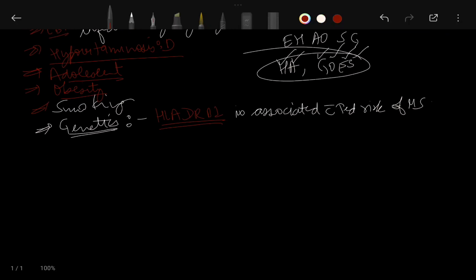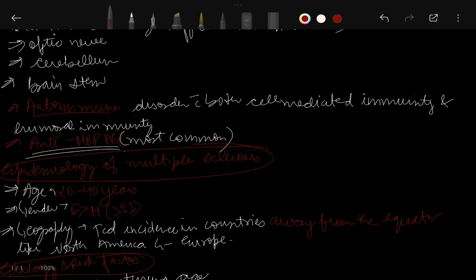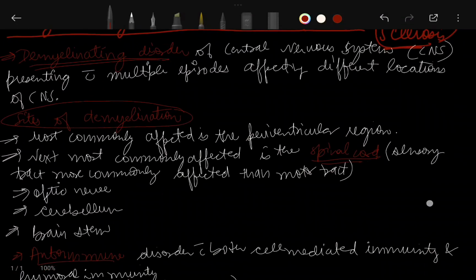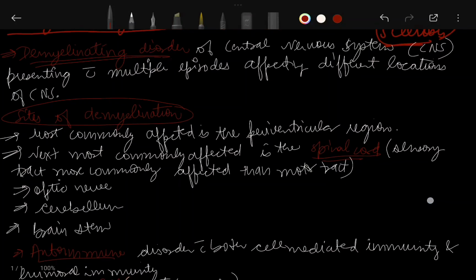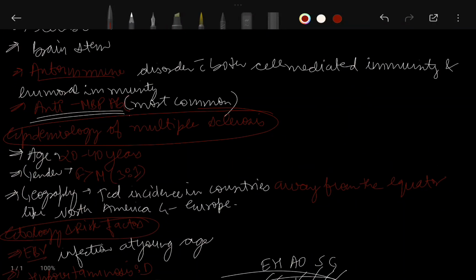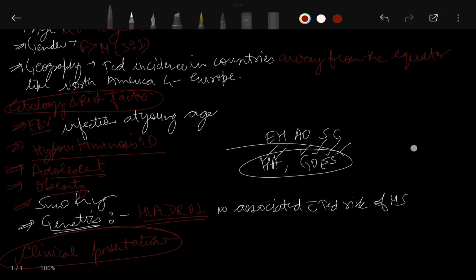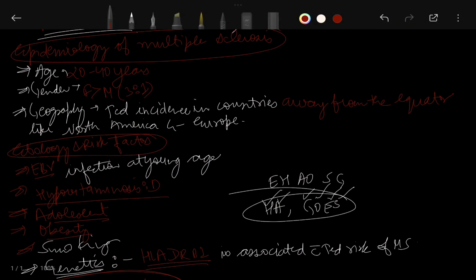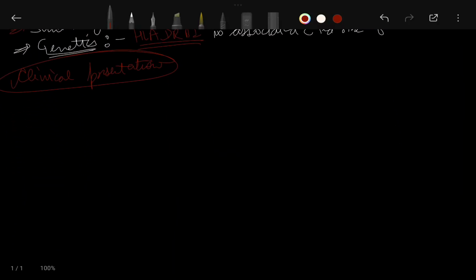After that, the clinical presentation. So what we have studied till now in multiple sclerosis: what demyelinating disorders are and how episodes affect different patients, the different sites of demyelination, the causes of multiple sclerosis, the etiology and risk factors, and the epidemiology.